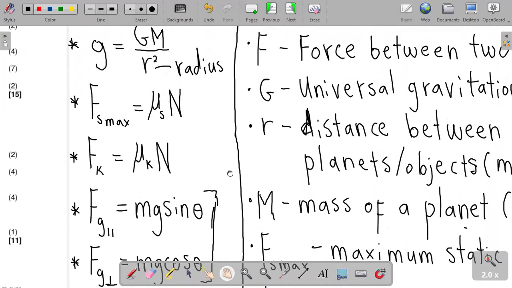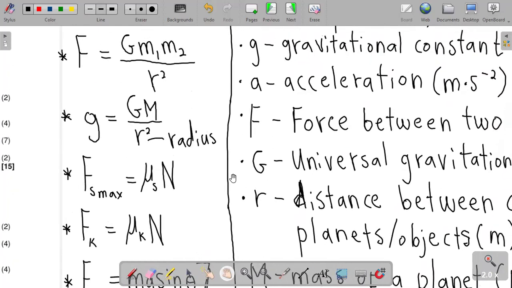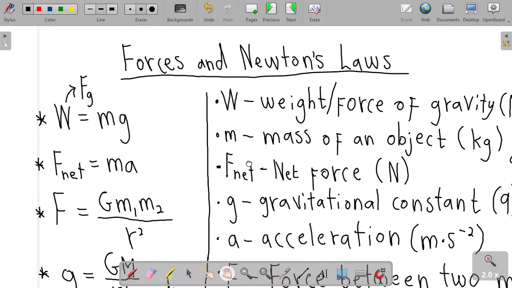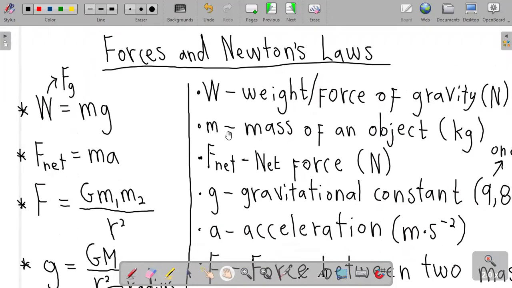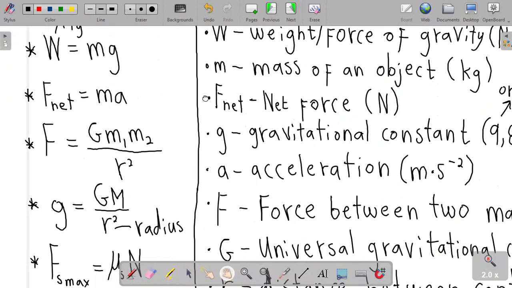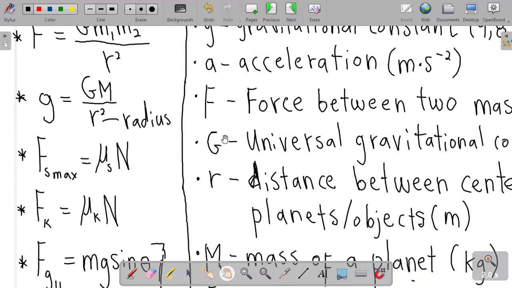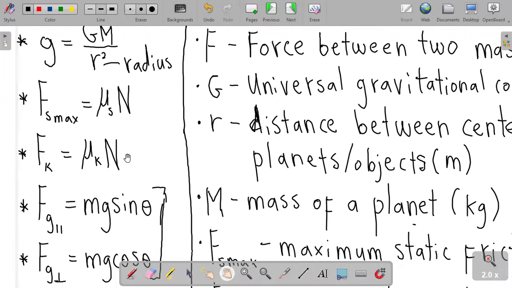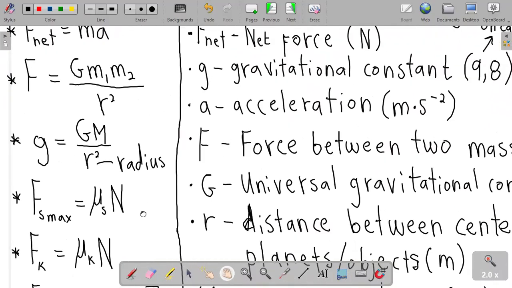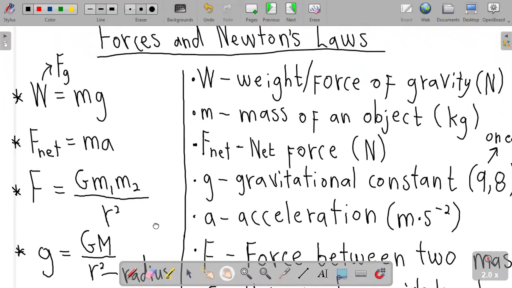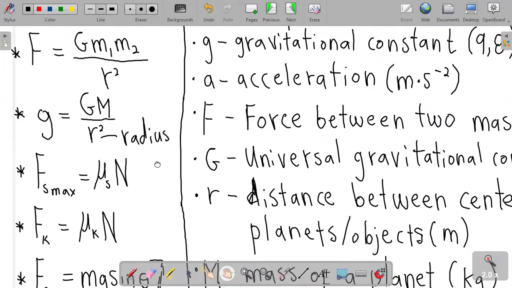This is a list of formulas that we're going to use for this topic. The other thing that I want to talk about is the normal force, because the normal force is not the same. It depends on the situation. There are a lot of different formulas.